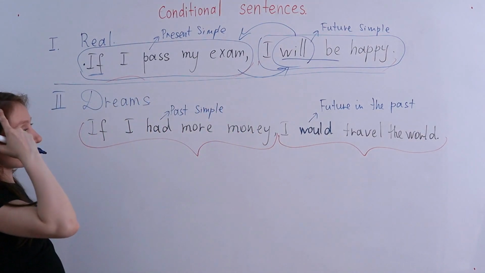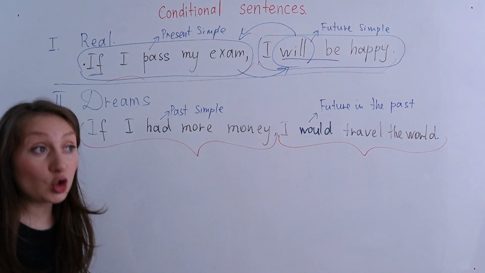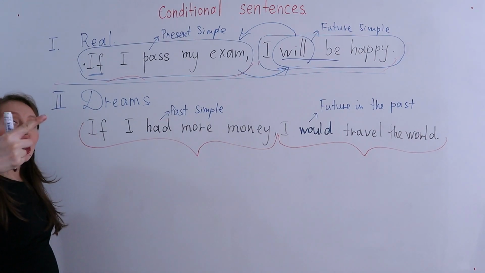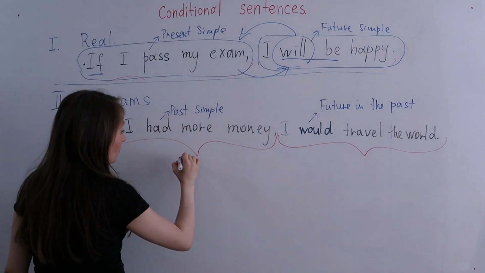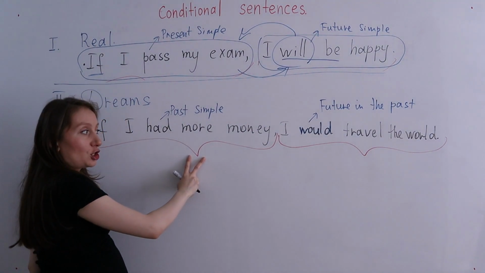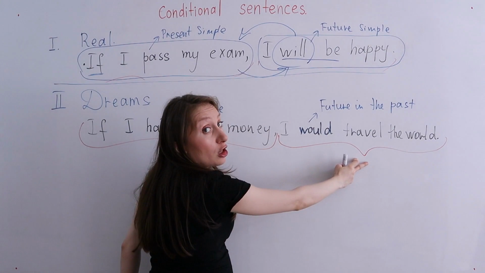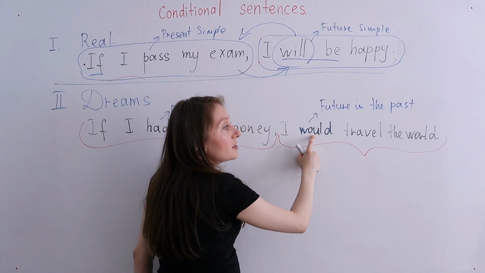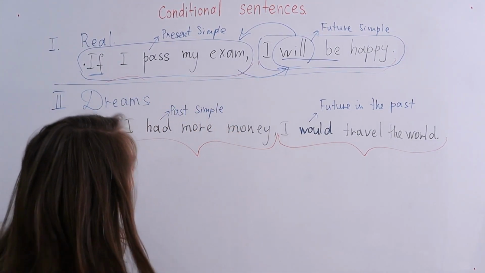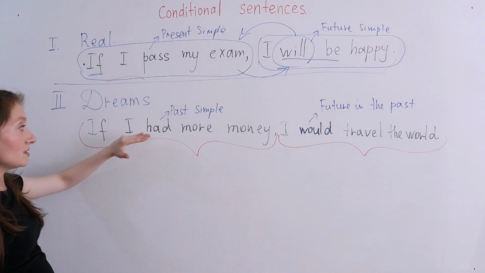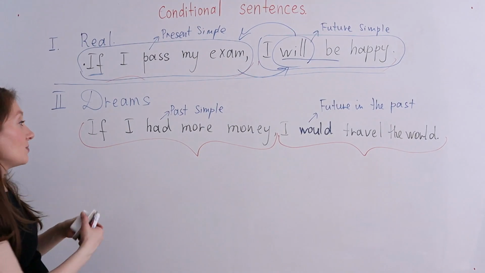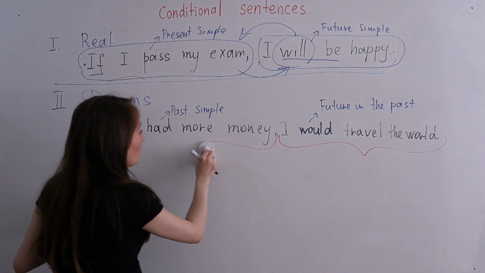So one more example. If you worked harder, you would be more successful. So again, first of all, I will write, this is the conditional clause. This is the main clause with would. Here, we don't use will or would, nothing. Just verb in past simple. So, one more example.